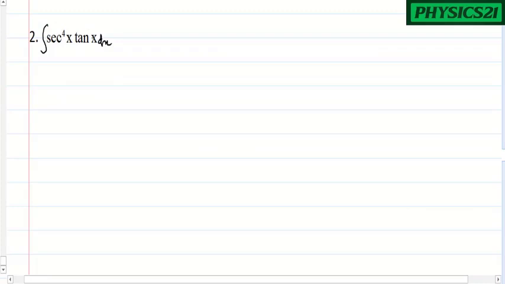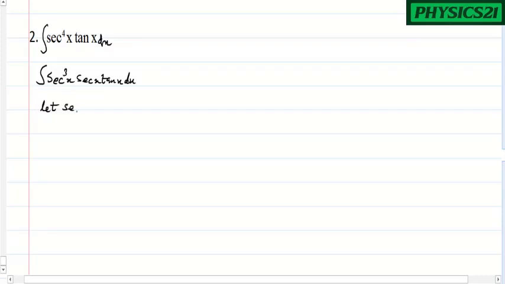Now next problem: integrate sec⁴ x tan x dx. So it is another, different type of problem. To solve it we will write sec³ x times sec x tan x dx. Now we will solve this by the substitution method.